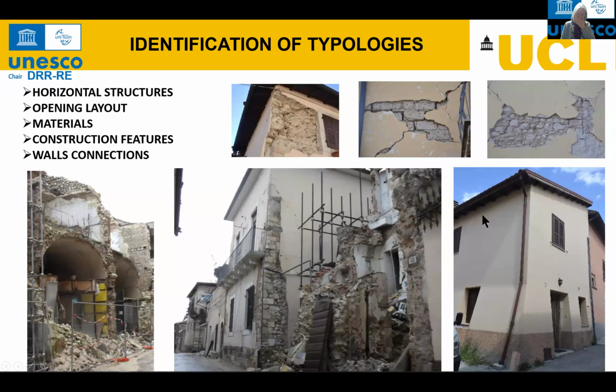We also look at the distribution of the opening layout, at the materials that constitute the masonry, and as you can see, we can have very different fabrics, at construction features such as the points that we mentioned earlier, and how these construction features determine the wall connection. So in this case, for instance, we even have buttresses here that keep the walls together. And as you can see, for the time being, this is all observational.